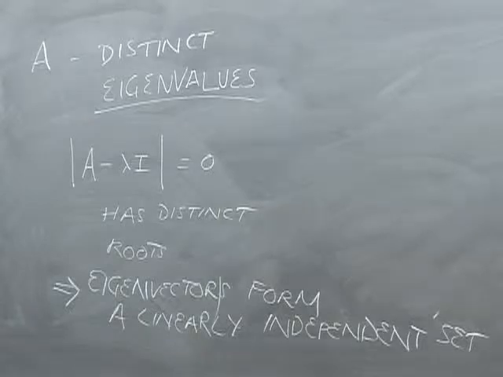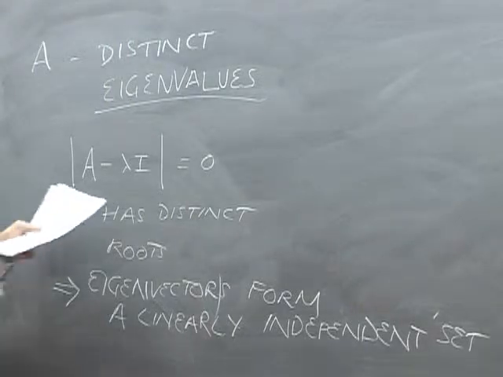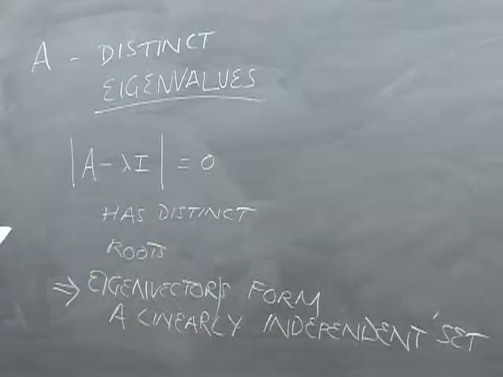But in fact, if you just search Google for root finding, you can go to websites where you type in an arbitrary polynomial and it tells you the roots, even for very large polynomials. So if you can get the characteristic polynomial of the matrix, you can find the roots, you can find if they're distinct, and if they're distinct, then the eigenvectors form a linearly independent set.